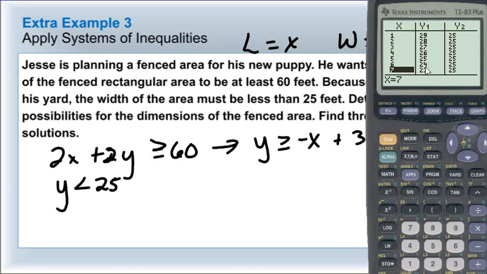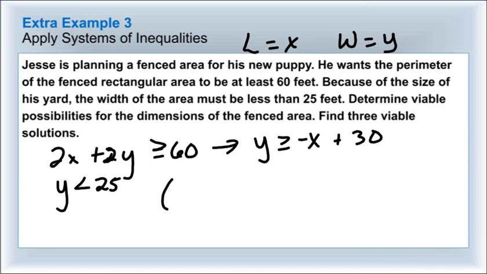That could be a possibility. I could do 7 and 23. Let's do one for sure. Let's do 10 and 20, because 10 and 20 would work in there. So I just need to have three possibilities. So 10 and 20 would be a viable solution.